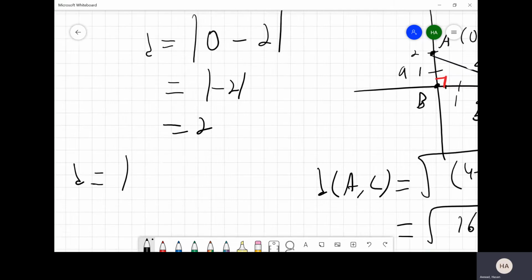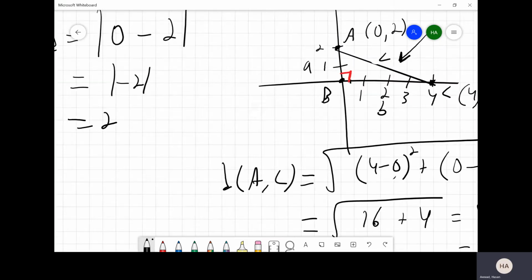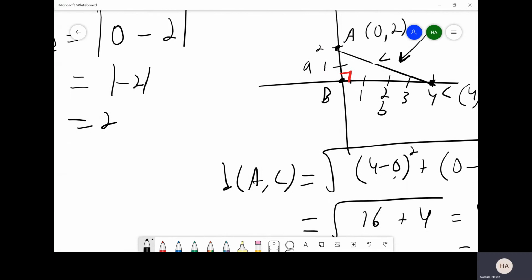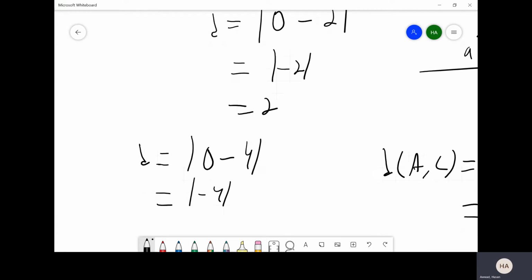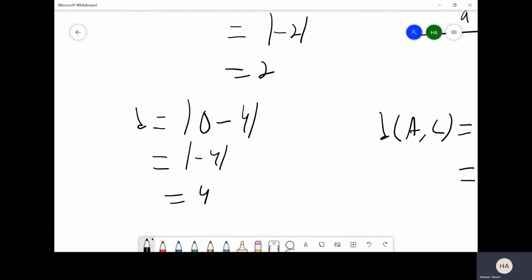I'm not going to because it doesn't seem fitting for the amount of time that we have. So again, from the origin to 4, this is going to be the absolute value of -4, and we know that that's going to give us 4. So great. Now we've shown that A is 2 and B is 4, right?